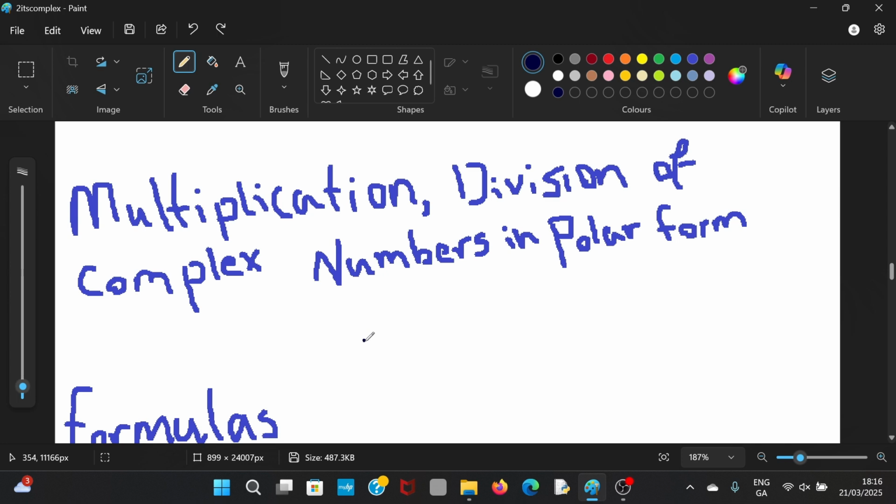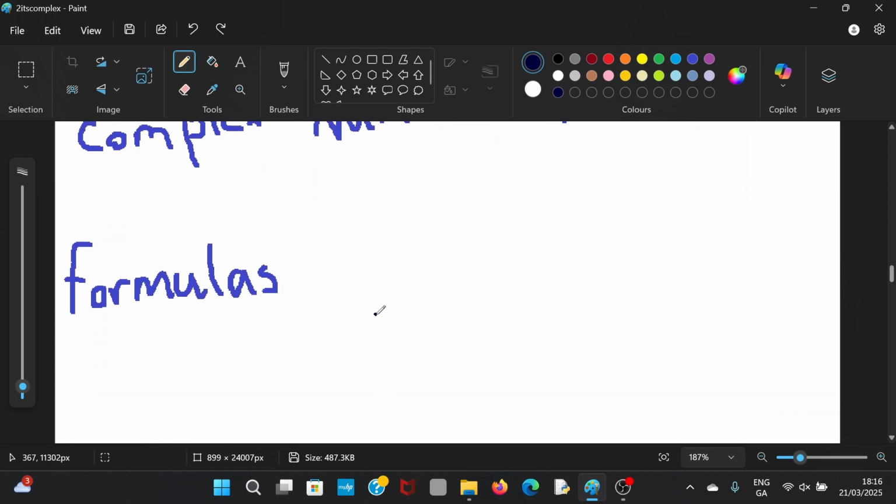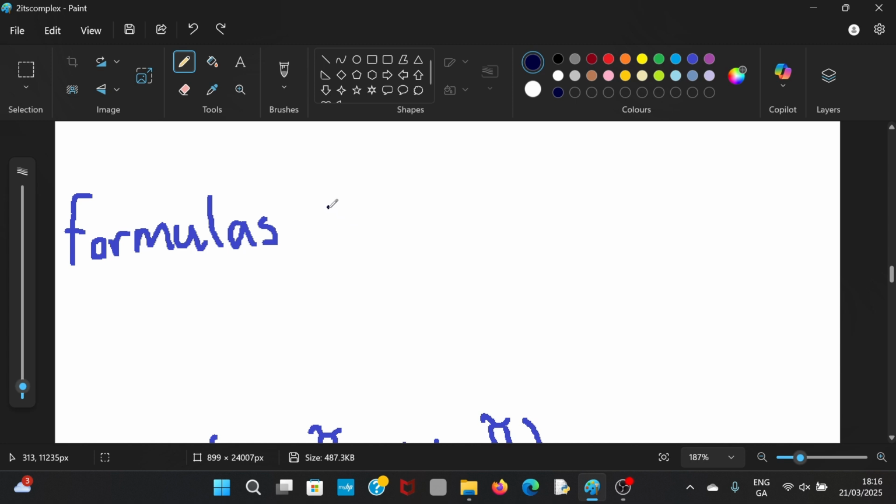There are formulas for the multiplication and division of complex numbers in polar form, and I'll write these formulas here.